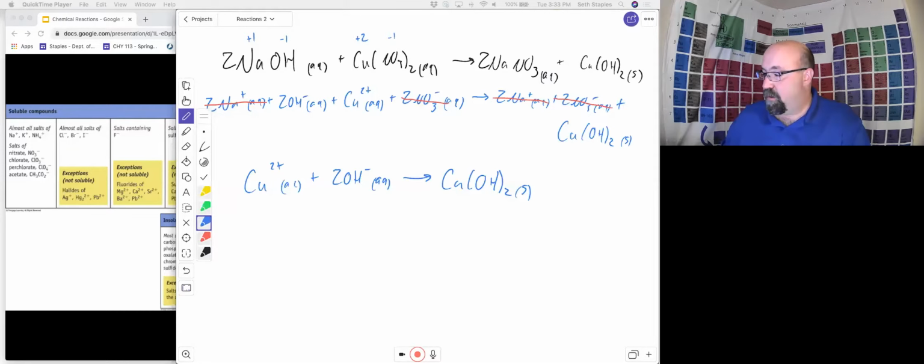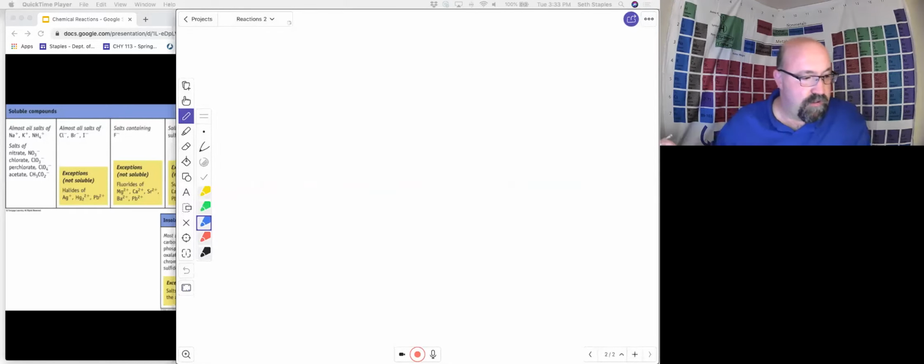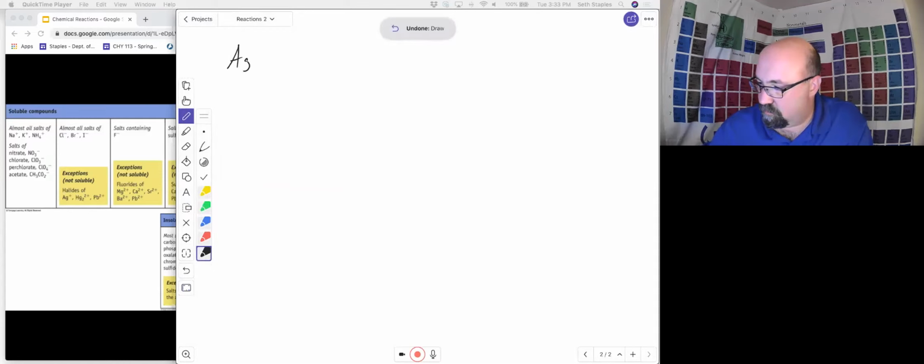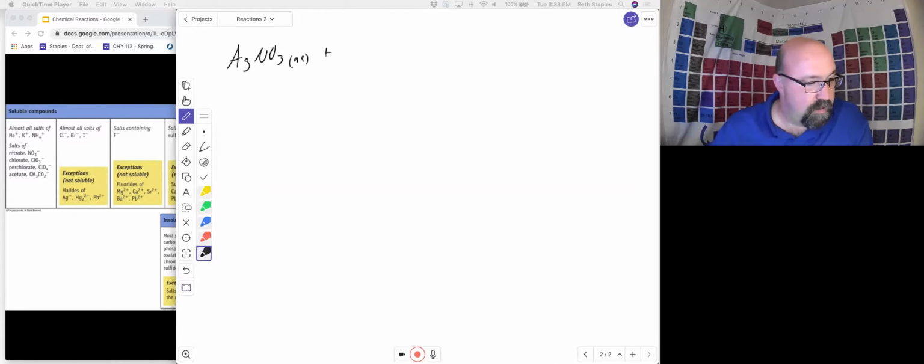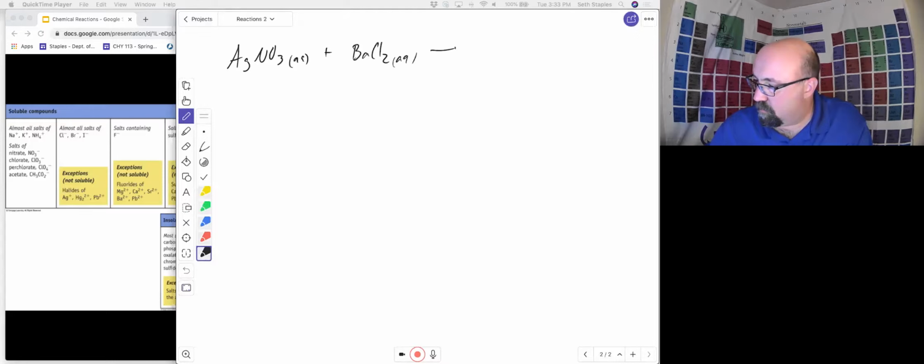So let's go ahead and look at our next example now. So our next example was silver nitrate reacting with some barium chloride. So again, we're going to go through and look at what all of our charges are.